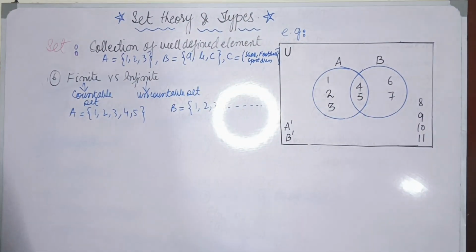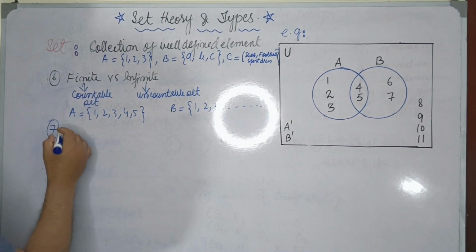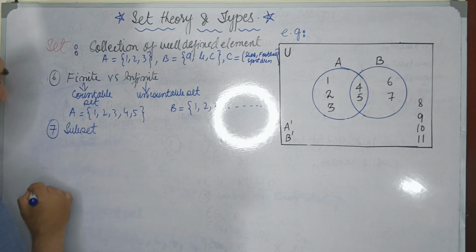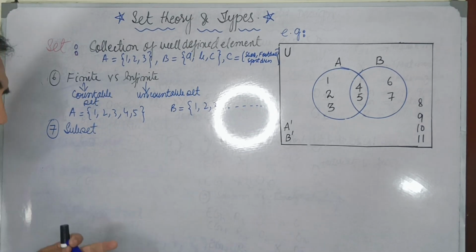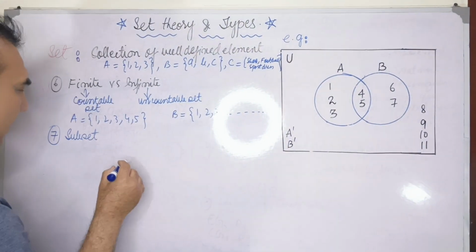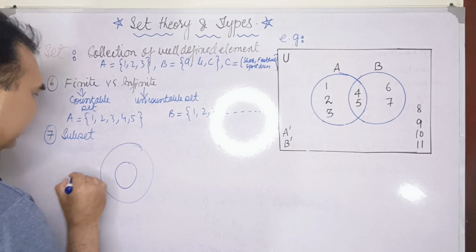Okay, now another type of set is called the subset. A subset means it is a part of a larger set. Suppose this is the one set and this is the second set.